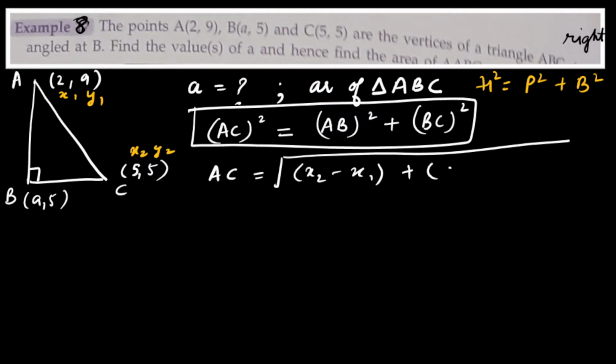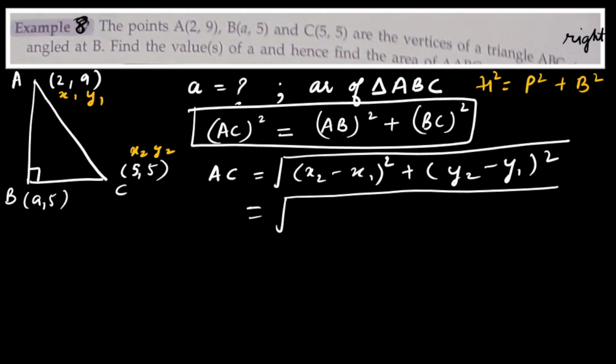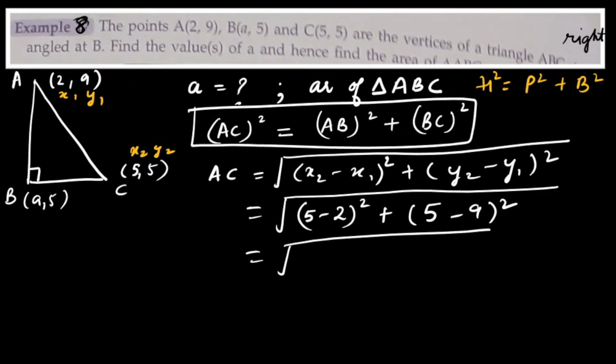So the distance is the square root of x2 minus x1 whole square plus y2 minus y1 whole square. So x2 is 5, 5 minus 2 whole square plus 5 minus 9 whole square. So 5 minus 2 is 3, 3 square is 9, and 5 minus 9 is minus 4, square 16.